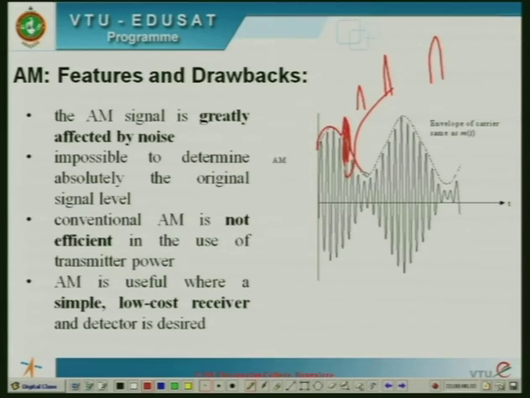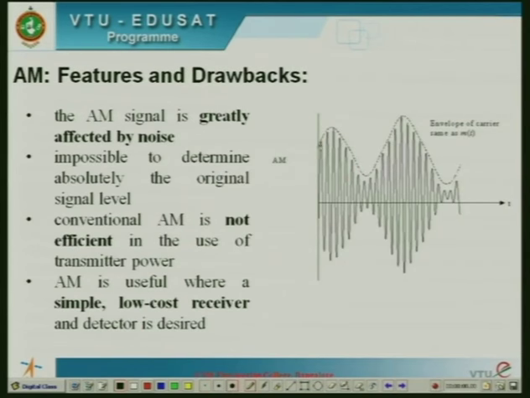So instead of having a peak, let me change the color here. This is the actual peak of your AM signal, but because of the noise that is available in your channel, and that noise frequency is matching the carrier frequency, the peak of your AM signal will be changed. So you find that the peak of your AM signal has now changed like this.